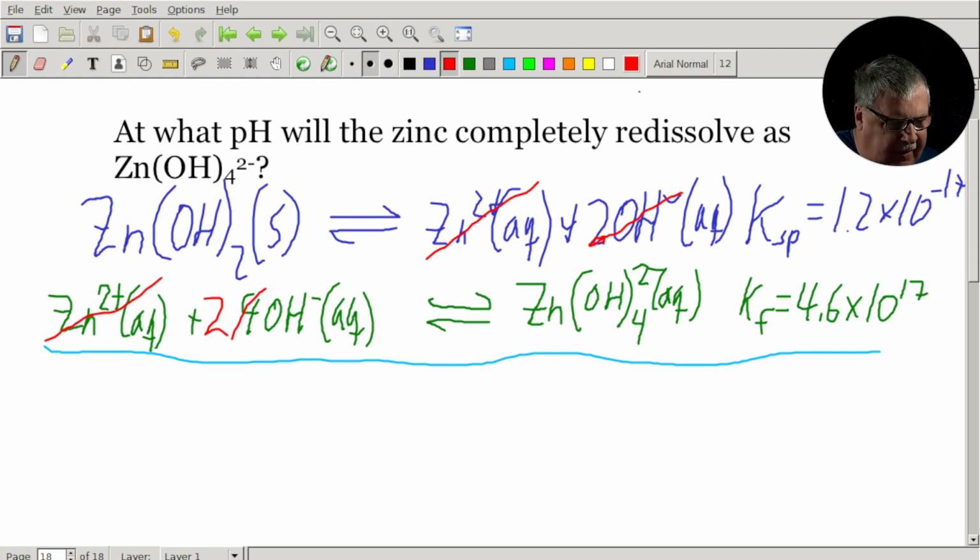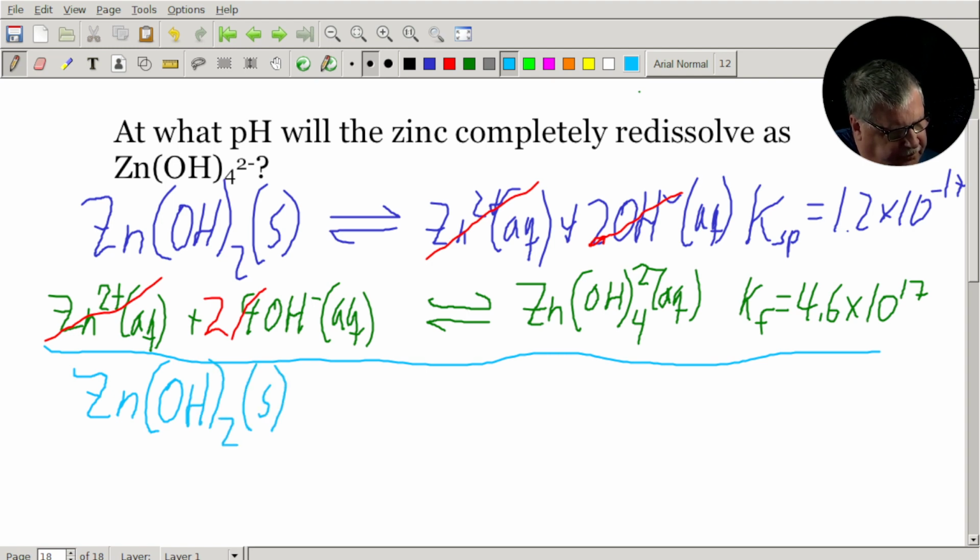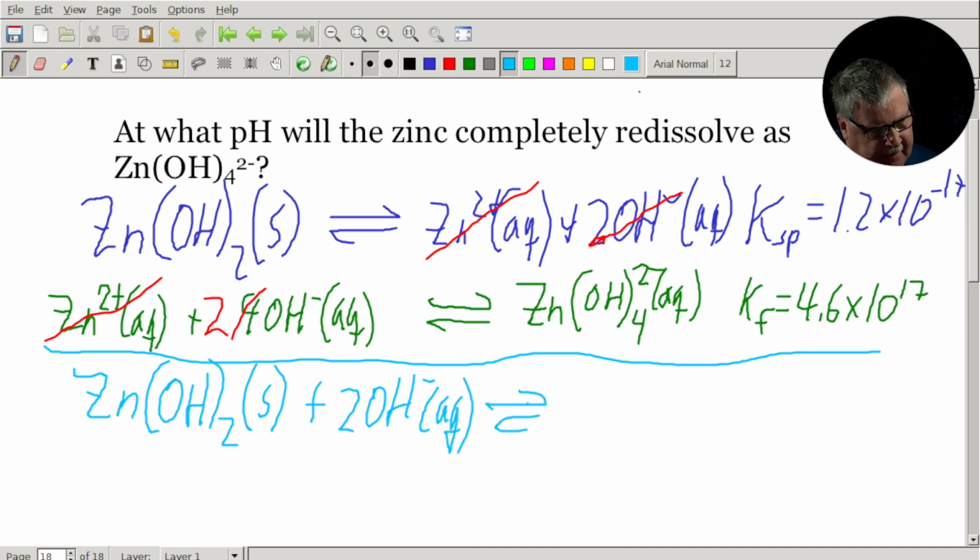So what we end up with is an equilibrium that looks like this. We're combining the solid zinc hydroxide with 2 hydroxide ions, and we're making the complex.